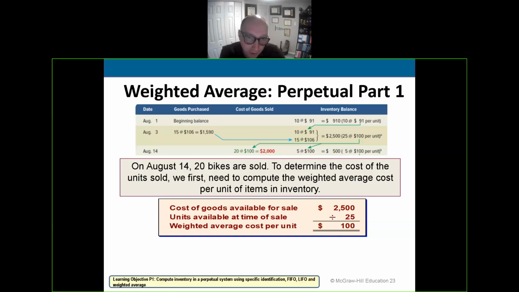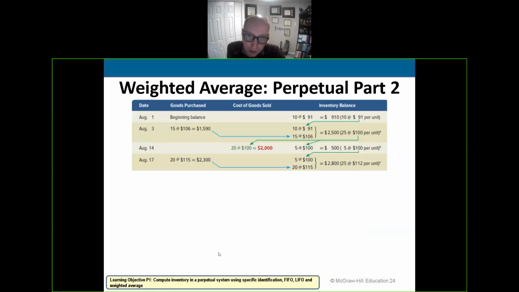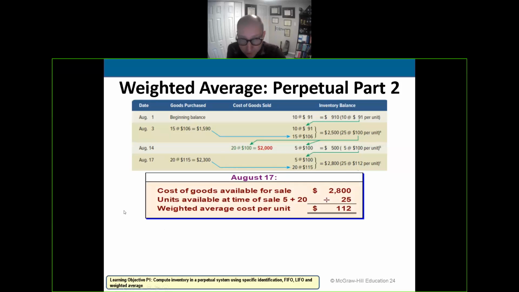So to get my cost of goods sold on the date that we made the sale, we take the 25 bicycles and the 2,500 inventory balance, divide by the 25 bikes, get $100 per bike. I sold 20 bikes at $100 cost of goods per bike. Again, weighted average. I will do the same thing for the next sale date as well.